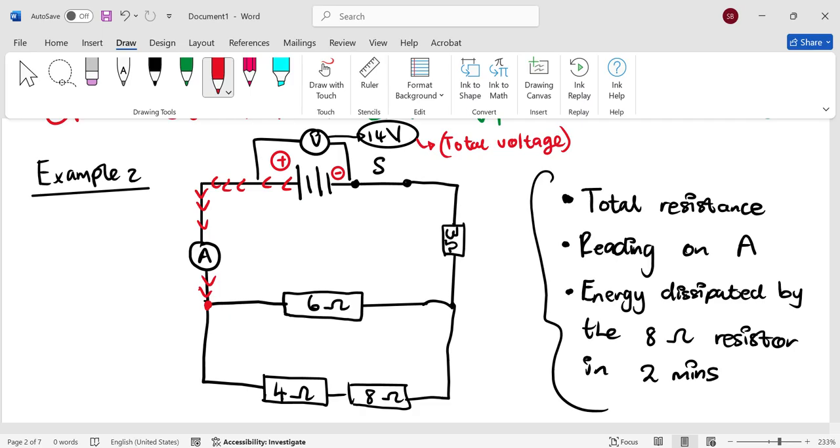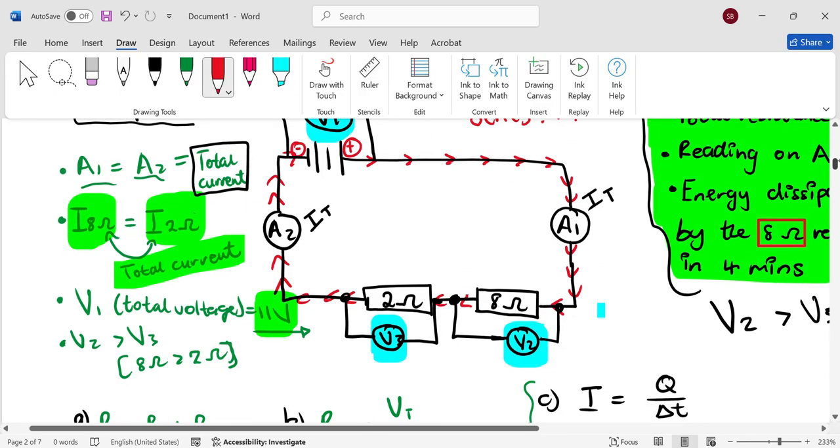How do we know that a circuit is parallel? Immediately when your current starts to divide, that's when you can conclude that your circuit is parallel. Once your current starts to split, then you can say you have a parallel circuit. If you look at the previous circuit, the one that we had here, there was no split of current.